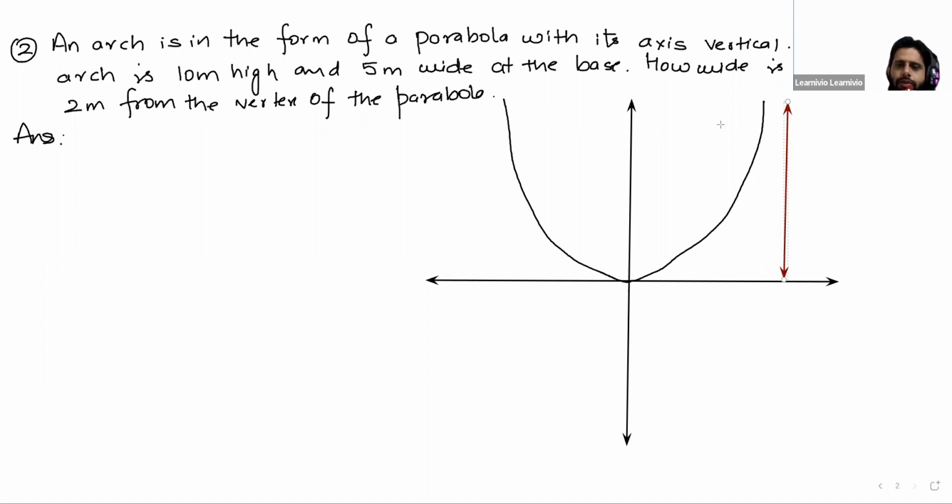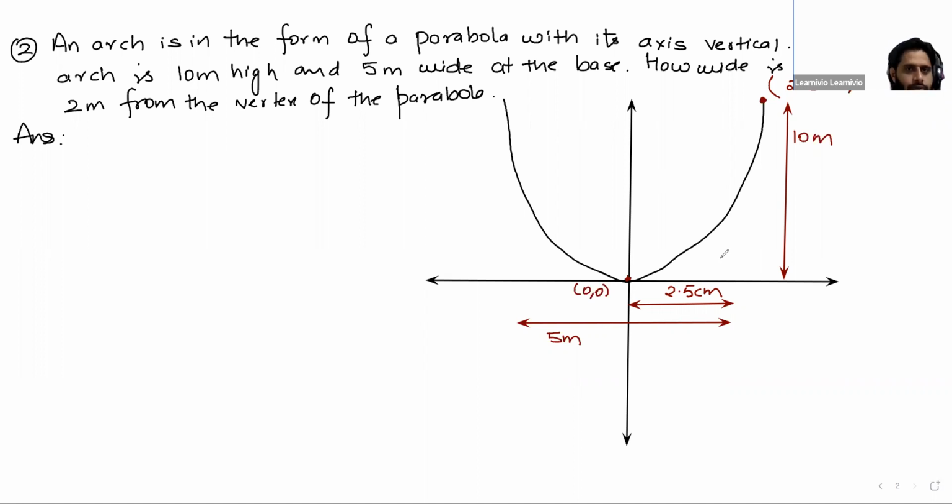So this complete one is 10 meter and the base is 5 meter. This means this one is 2.5 meter. So this point is the origin, its distance from the origin is 2.5 and the height is 10.